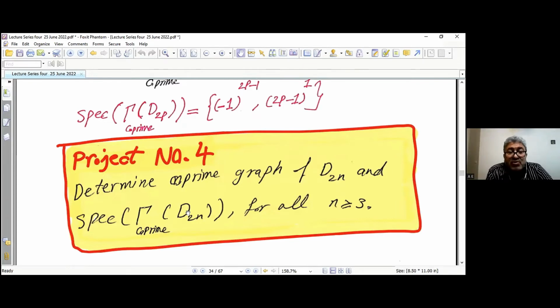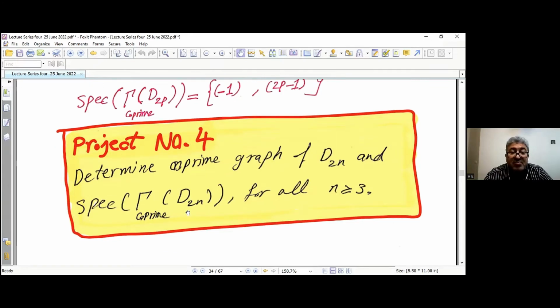So project number 4 is to determine the spectrum, meaning the set of all eigenvalues, of the coprime graph of the dihedral group in the general case, the dihedral group of order 2n for any n bigger than or equal to 3. This is project number 4.